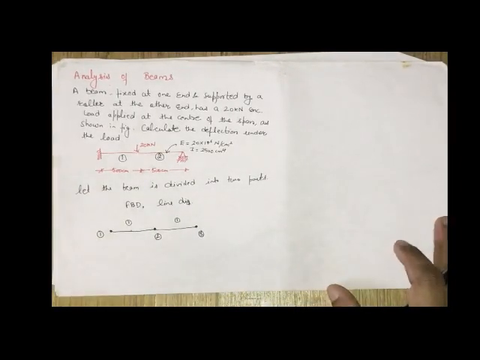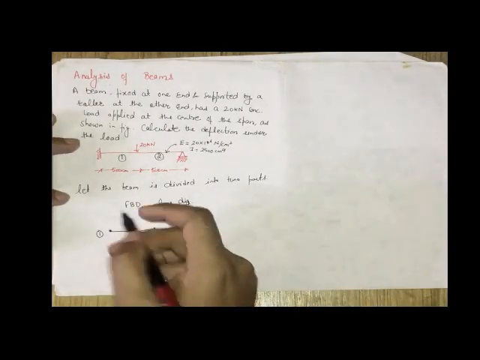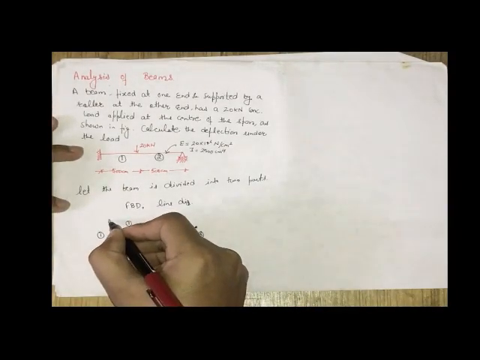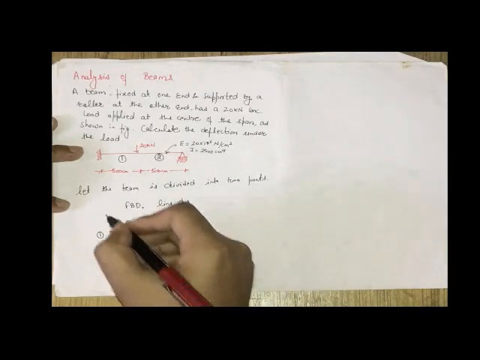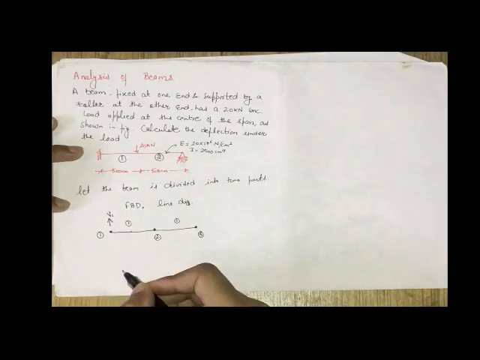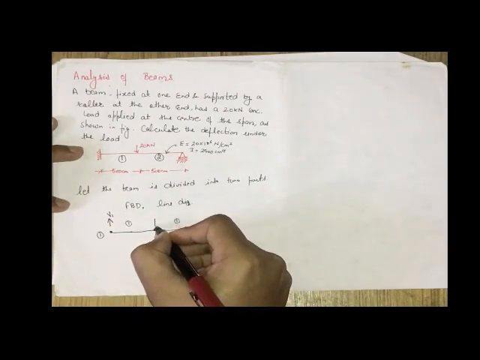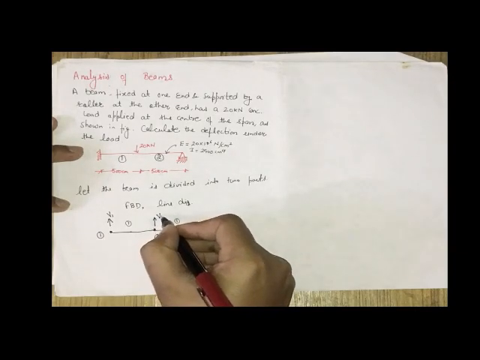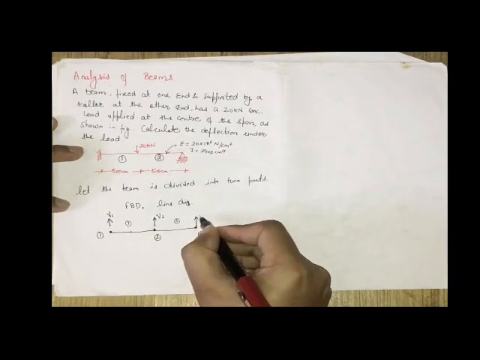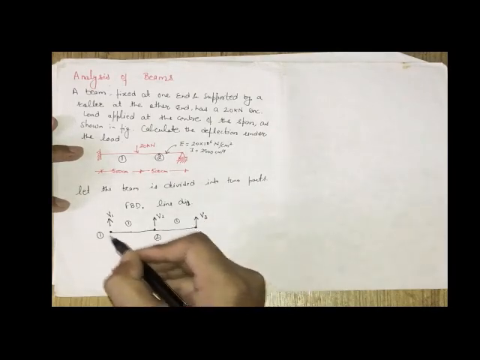Here 4 factors are considered in a beam. First is the vertical deflection, that is V1. At the load we have V2, and at the support we have V3.